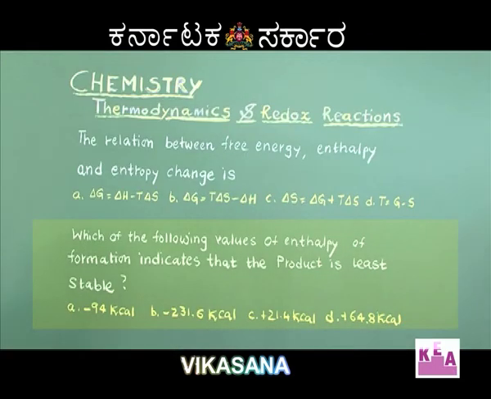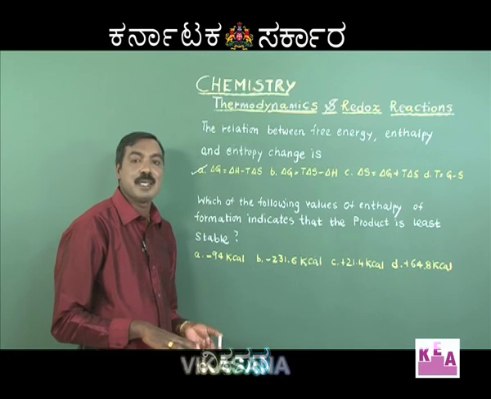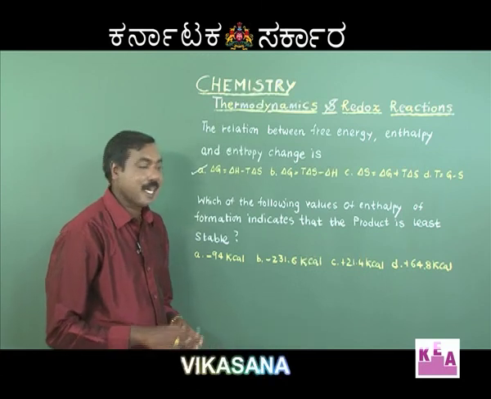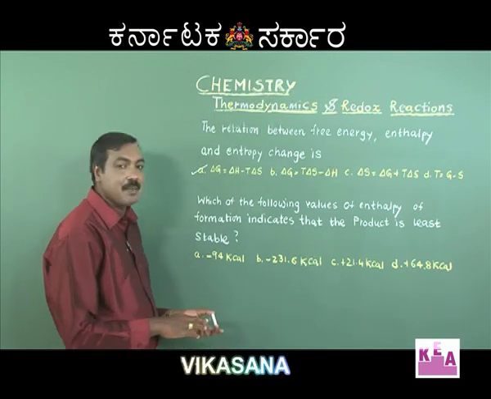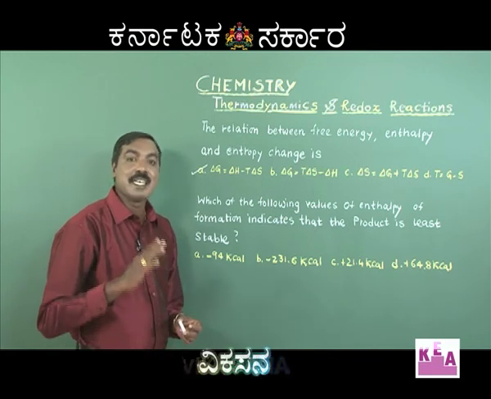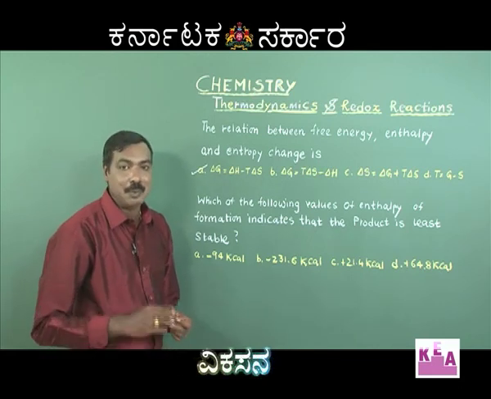Now let us read the question. Which of the following values of enthalpy of formation indicates that the product is least stable? I said most stable is the greater negative value, and if the question is asked on least stable, it should be the greater positive value.